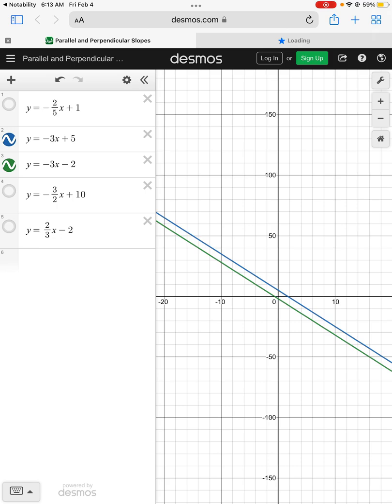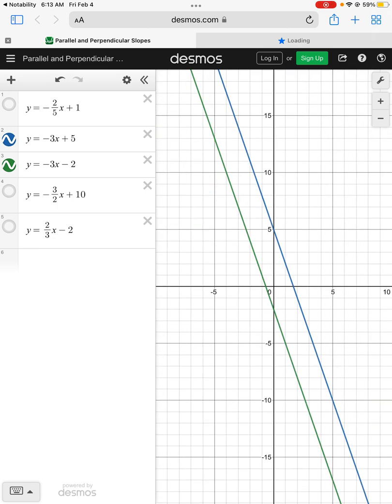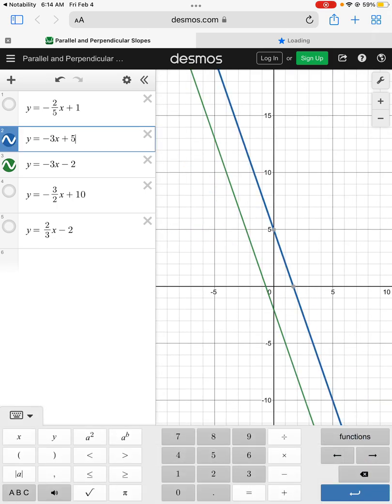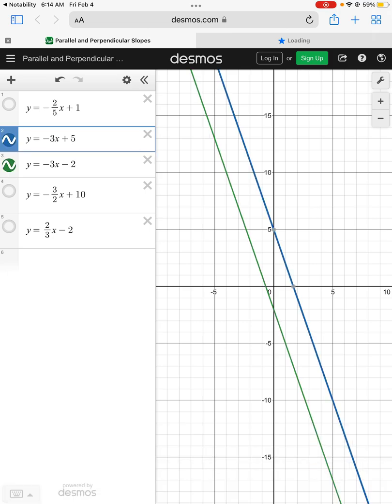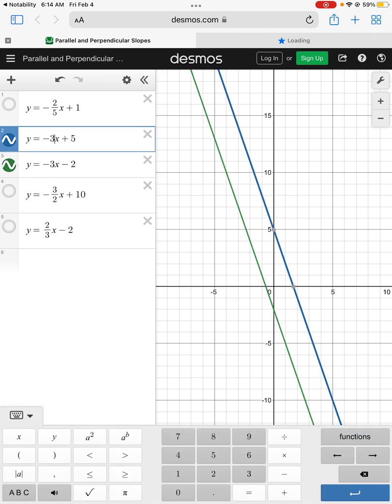And then if we remind ourselves about linear lines and the different pieces of it, this number here, the 5, -2, those are the y-intercepts, 5 and -2, and then my coefficient on x, or that number in front of x, the -3, that's my slope.